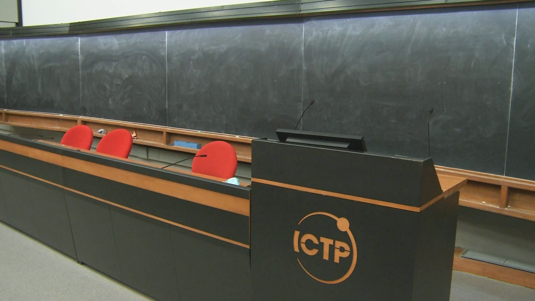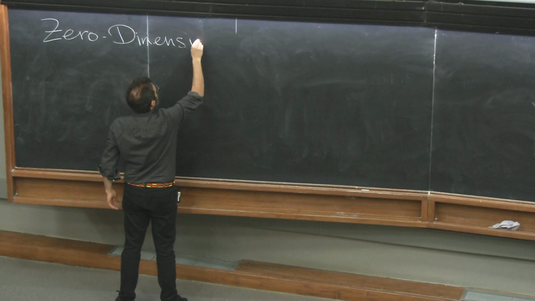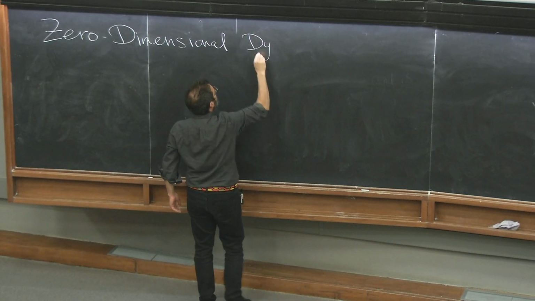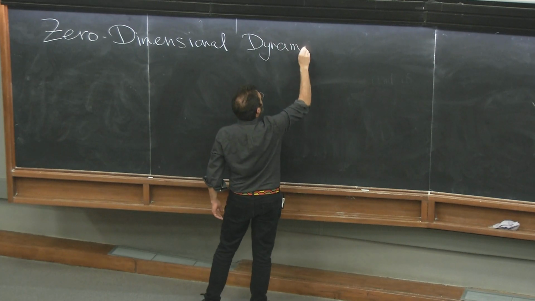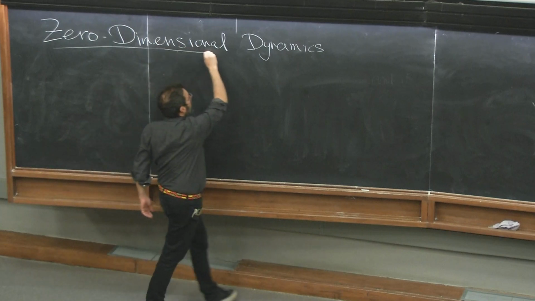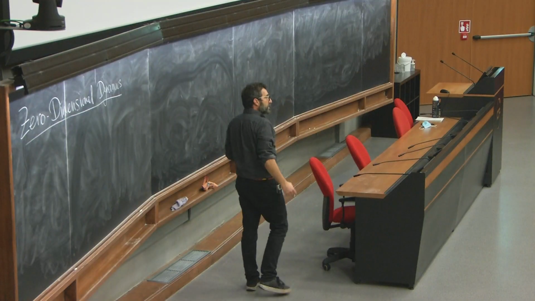So we're going to start with, let's say, 0-dimensional dynamics. So why do we call it 0-dimensional? I think this is interesting also because it introduces a more general abstract space, a metric space.